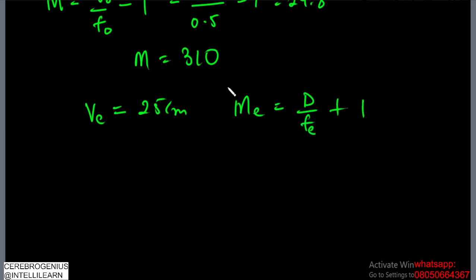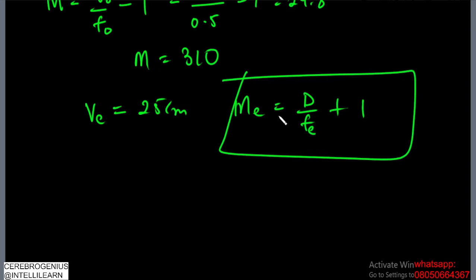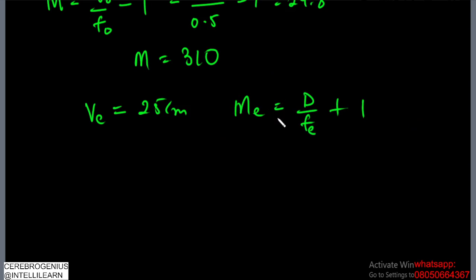Focal length of eyepiece plus 1. We use this for the eyepiece. We have done this before. So what we now need to know is that for the objective, we need to find its own object distance, right? So that means that we use the length of the microscope. The length of the microscope is the distance of the image from the objective.